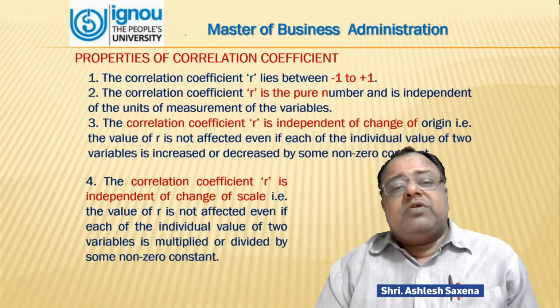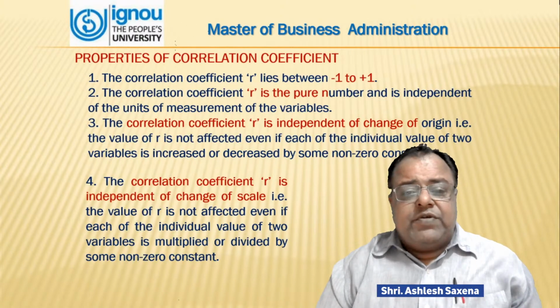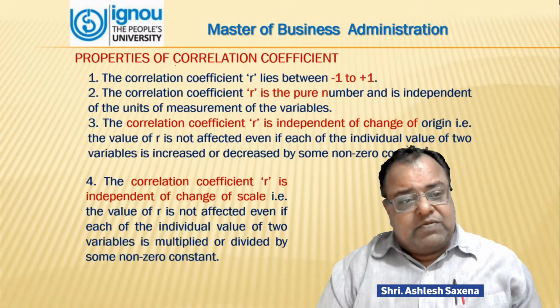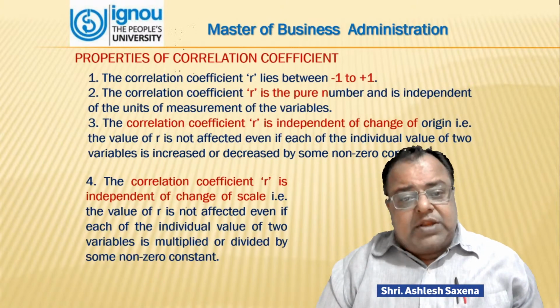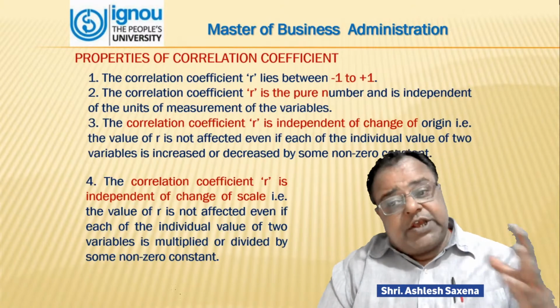What are the properties of the correlation coefficient? Correlation coefficient R lies between -1 and +1. The correlation coefficient R is a pure number and is independent of the unit of measurement of the variables. The correlation coefficient R is independent of change of origin.